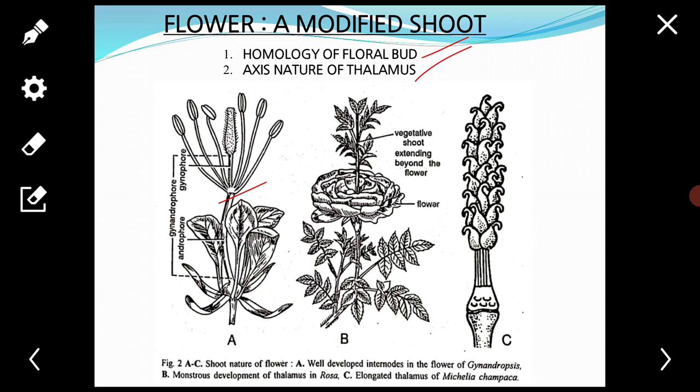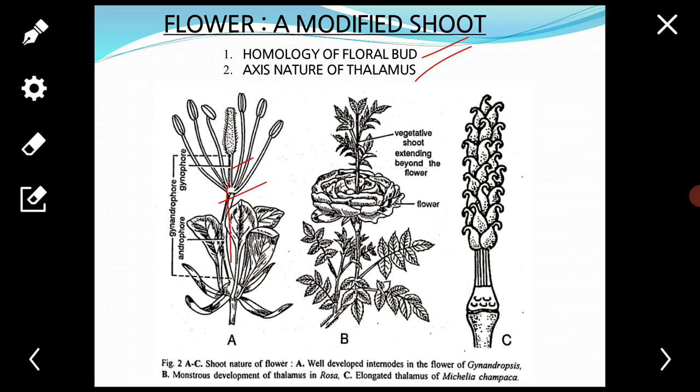In the floral axis, the internodes are usually very much compressed or reduced, but in Capparis, Gynandropsis, Passiflora, well developed internodes are present between corolla and androecium, and it is termed the androphore.